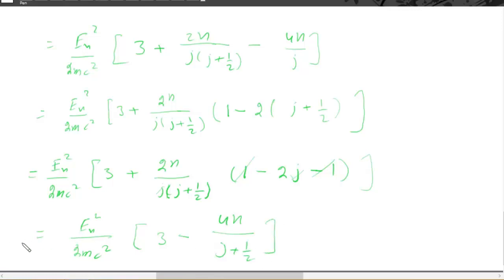Okay, this is the total fine structure correction.